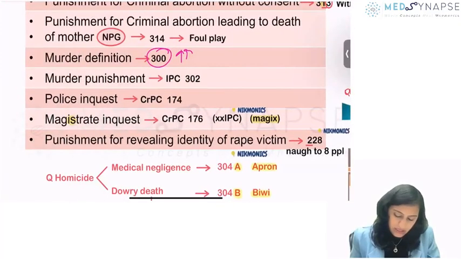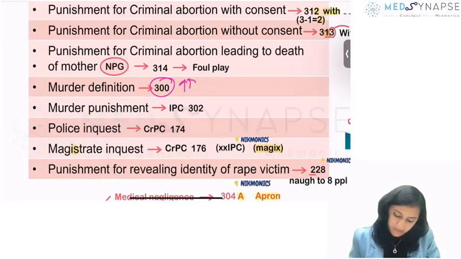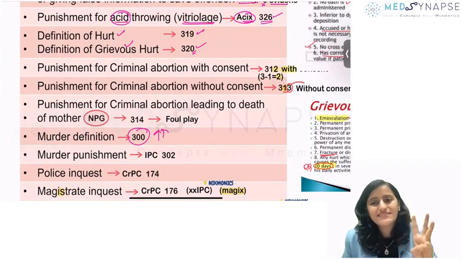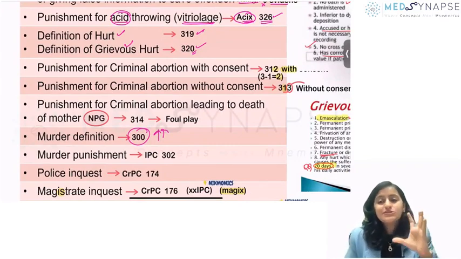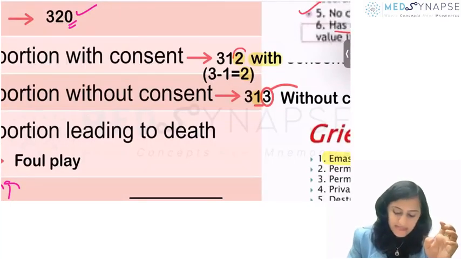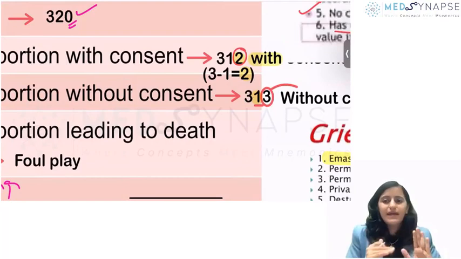Coming to the next one, that is murder definition and criminal abortion first. 312, 313 and 314, your recent NEET PG exam question. So 312 is the one, 1 is constant. 2 is when the mother is saying, I want the family of 2 only, I don't want my kid, मैं और मेरा husband.